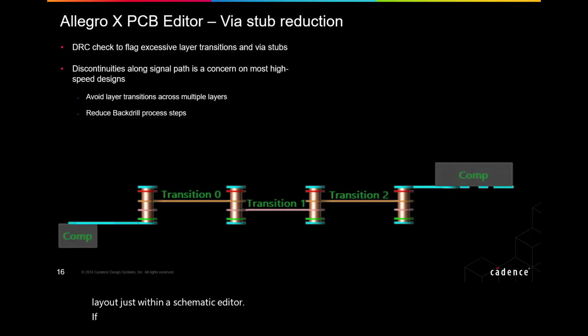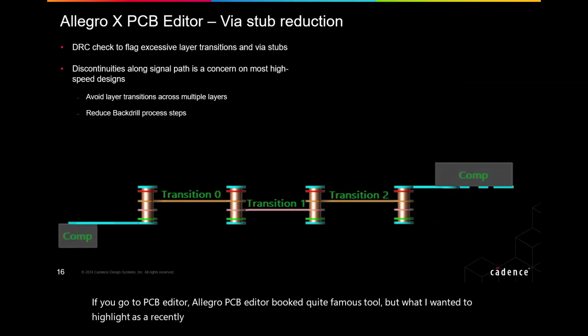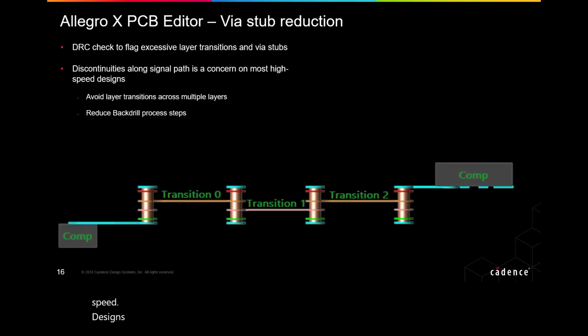If you go to the PCB editor, Allegro PCB editor, quite a famous tool, what I wanted to highlight as recently added features is functionality to bring you more tools for your high-speed designs with LVDS or DDR or some new modern design interfaces which need additional checks of your layout.